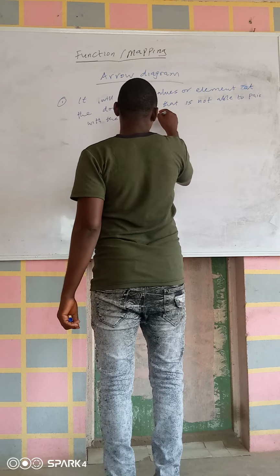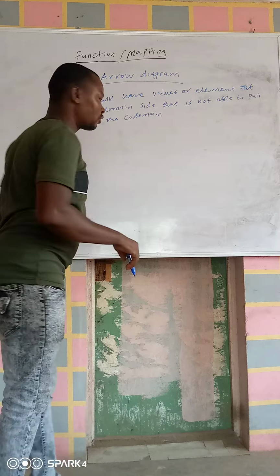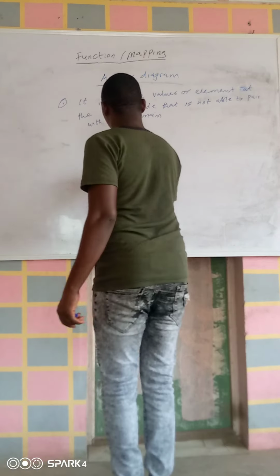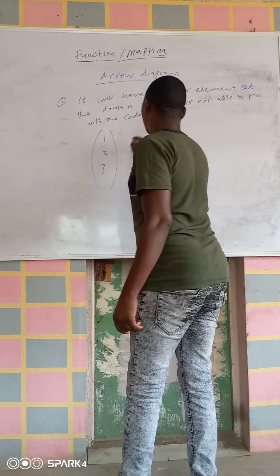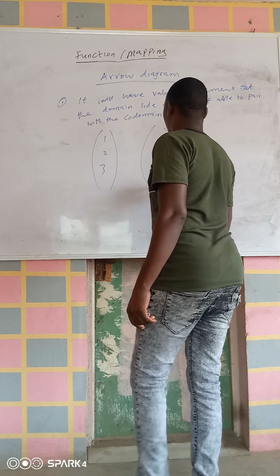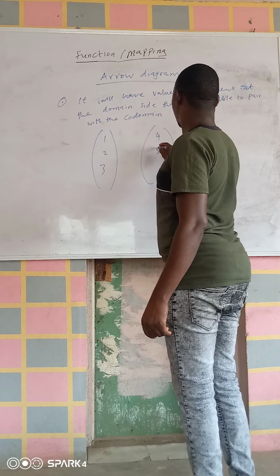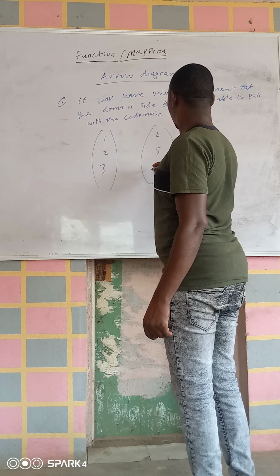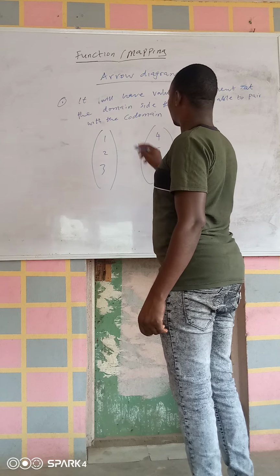Yes, that are unable to pair with the codomain. So in this kind of arrow diagram, you have 1, 2, 3 and 4, 5.